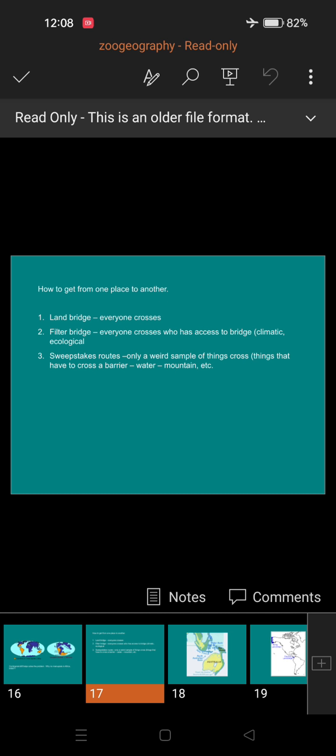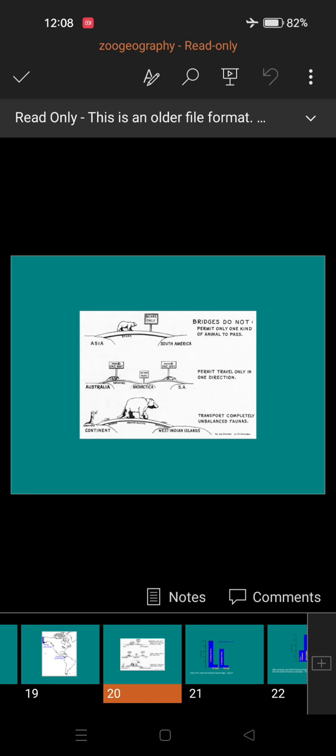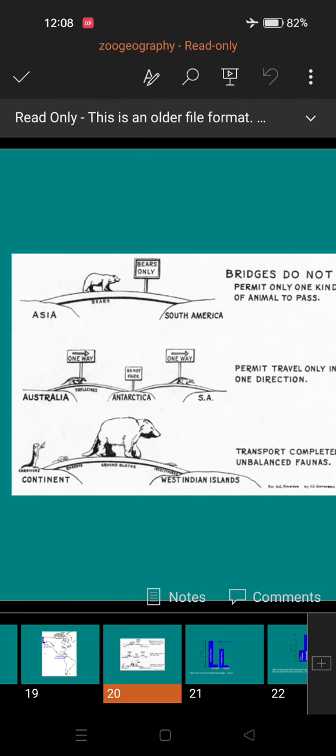The sweepstakes routes allow only a small sample of things that have crossed a barrier, the water, mountains, etc. So you can see this world territory, how it looks like: Asia, Australia and the continents.